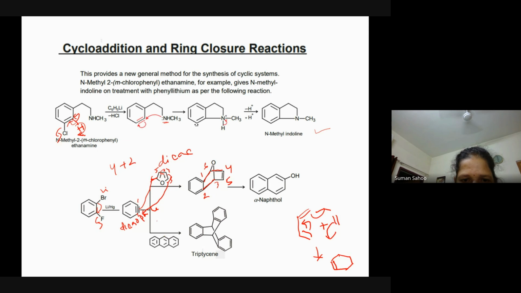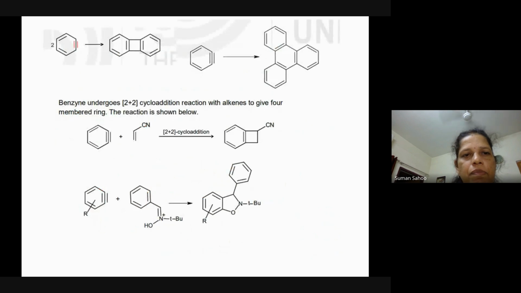Similarly, you can just see that 1, 2, 3, 4, 5, 6. So you will form a bond between 1, 2, 3, 6. So that would give you this type of triptycene. So that is actually a cycloaddition reaction, or sometimes this anthracene is also used to trap your benzyne.